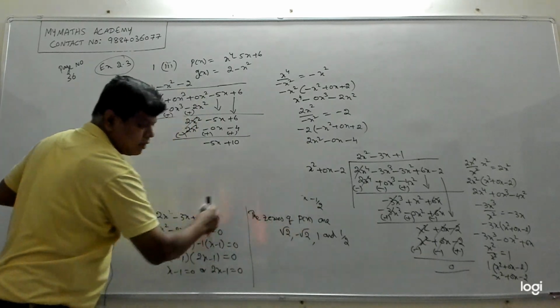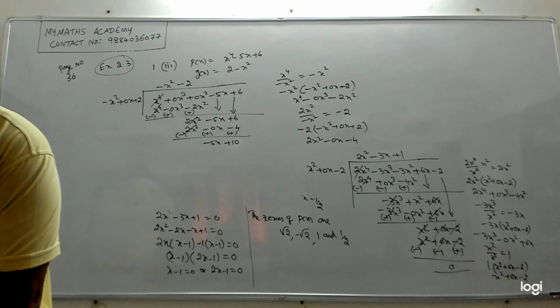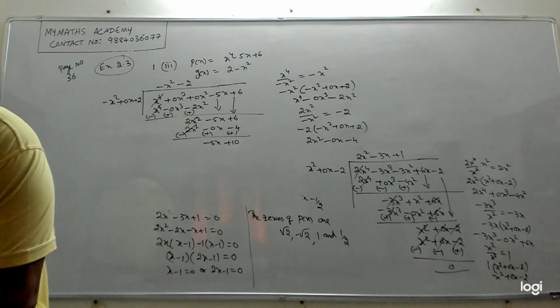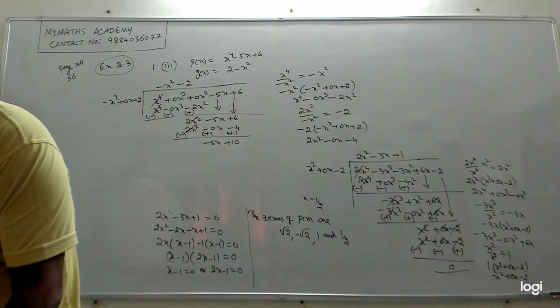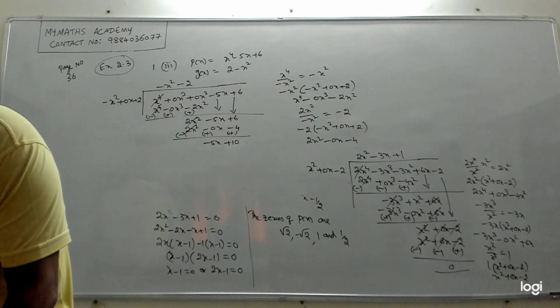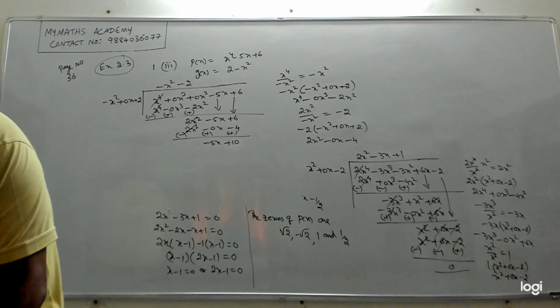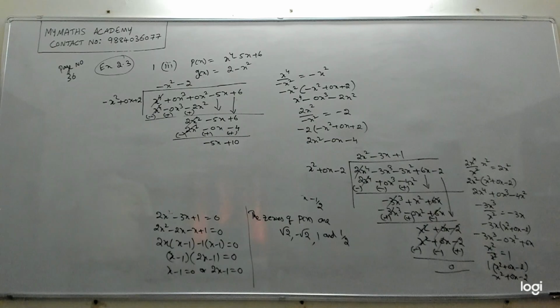The problem ends here. I think the question is to find the quotient and remainder, so we don't have to verify the division algorithm here.